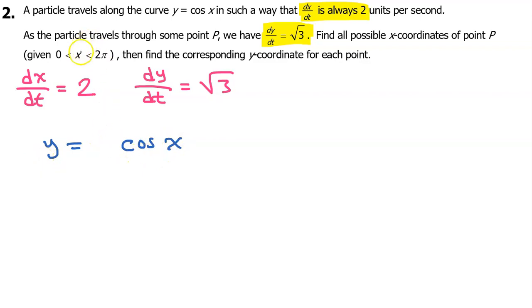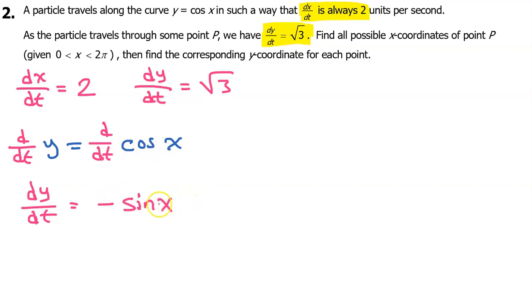So let's take the derivative of both sides with respect to t. So d dt, d dt. On the left, that just gives us dy dt. On the right, we will do the chain rule. The derivative of cosine is negative sine, so we write negative sine x, but then we will multiply by the derivative of the inner function.